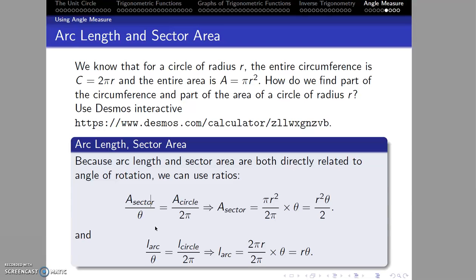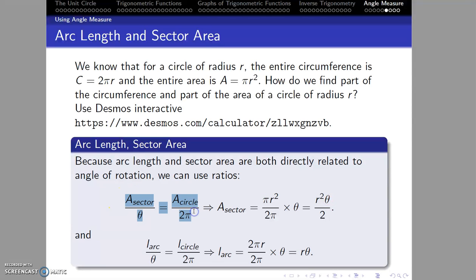So solving now for the area, I multiply both sides by theta, and 2 pi shows up. I substitute pi r squared for the area of the circle. The pi's cancel, and that's pretty much all we get. So this simplifies down to r squared theta over 2.